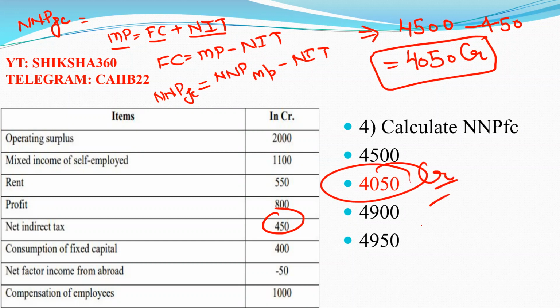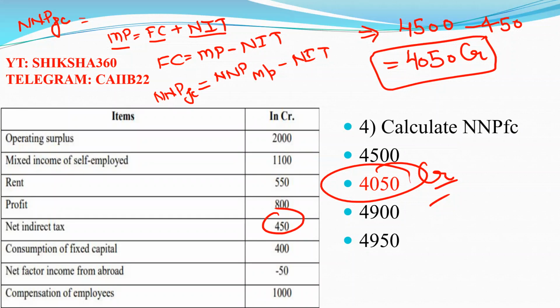Till now, I have already posted 3 more case studies on this chapter. I request all of you, please solve those case studies also. That's why I will discuss only one case study in today's session. I want you to also try the case studies, solve them and post your solutions in our Telegram group.